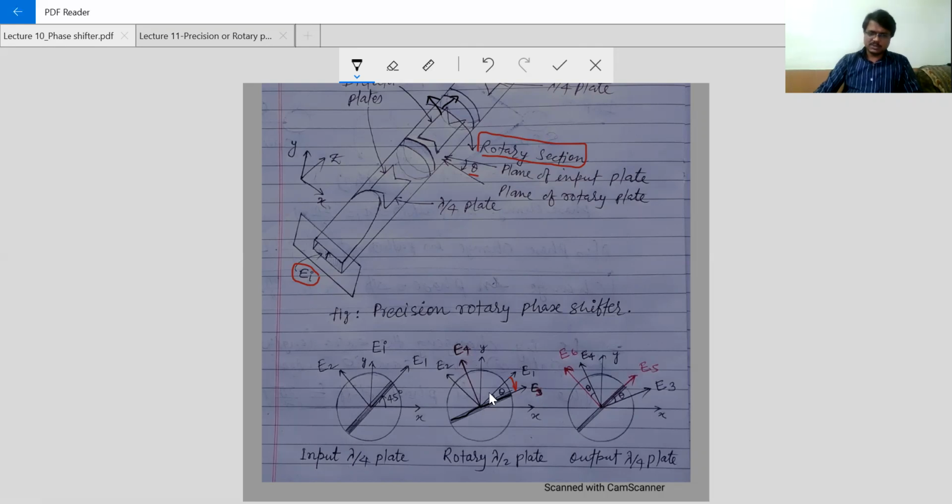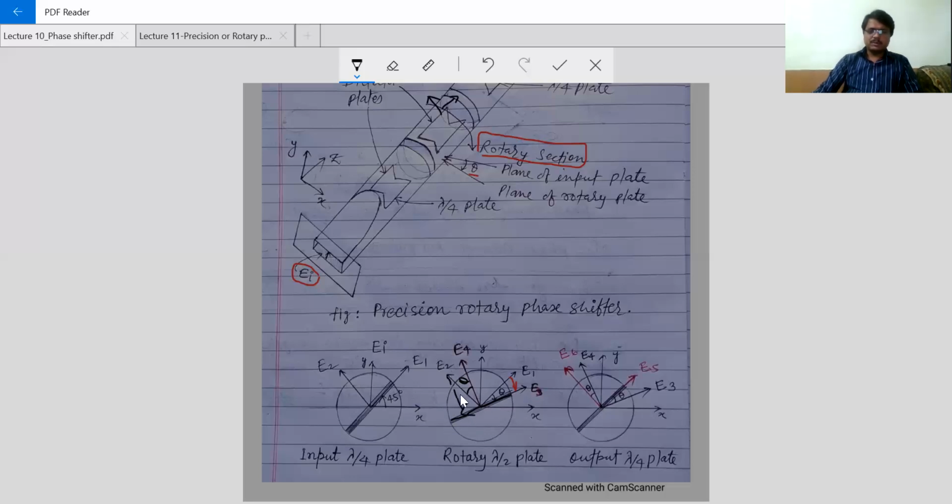Let us suppose this is angle theta. What will be the component of E1 along this E3? It will be E1 cos theta. And this angle is also theta, so E2 will also decompose along this line, E3.